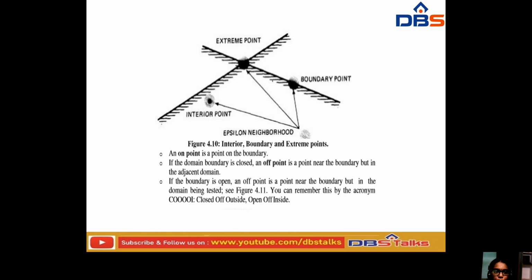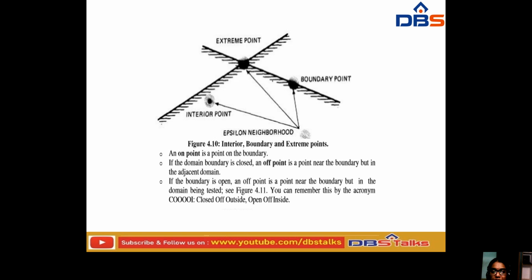So an on point is a point on the boundary if the domain boundary is closed, but an off point is a point near the boundary but in the adjacent domain. When the boundary is open, an off point is a point near the boundary, but in the domain being tested. If you remember that closed off outside and open off inside technique: if the domain boundary is closed, the off point is near the boundary but in the adjacent domain.